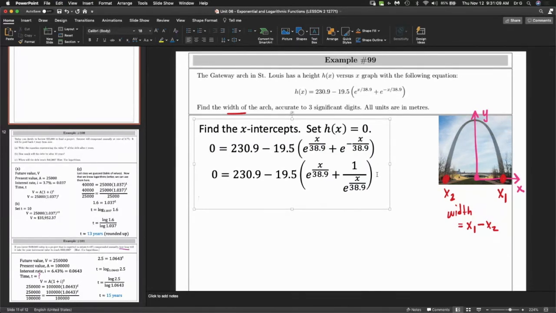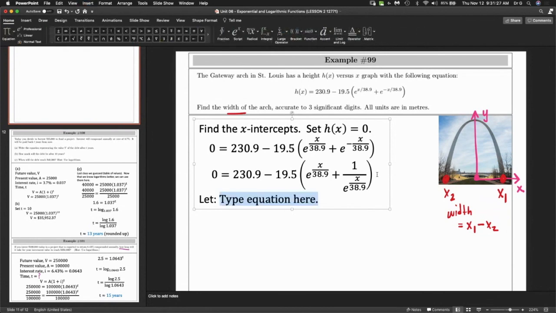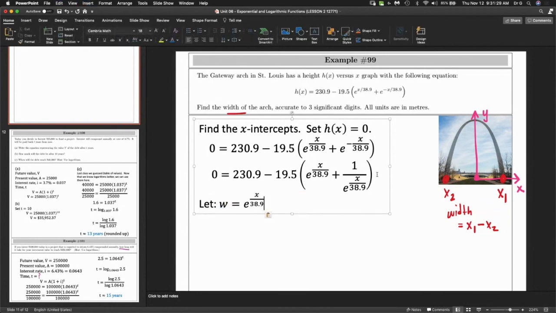Didn't we see this a couple times at least already today, where I saw the same thing, although complicated, repeating, and then I let W equal it, or whatever letter you like? Well, I'm going to do the same thing here. I'm going to let W equal that.